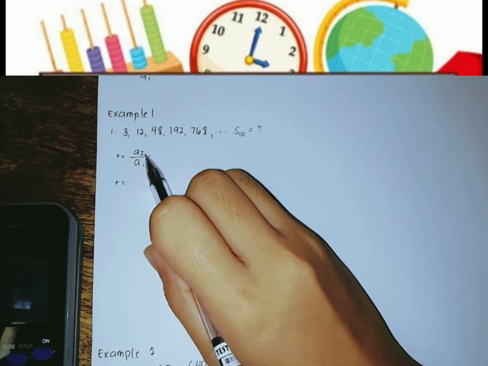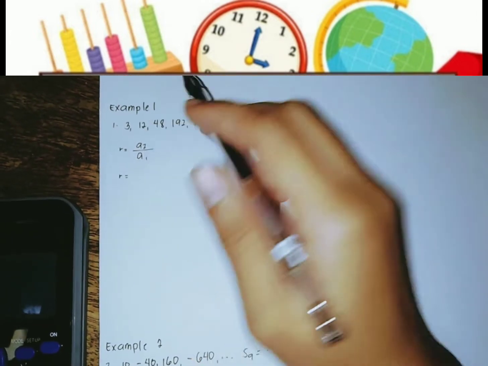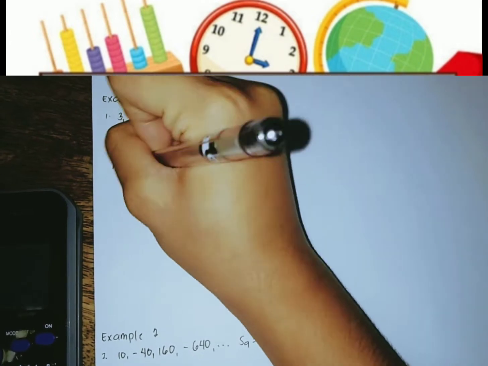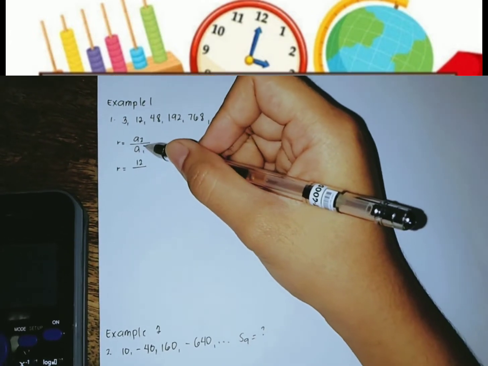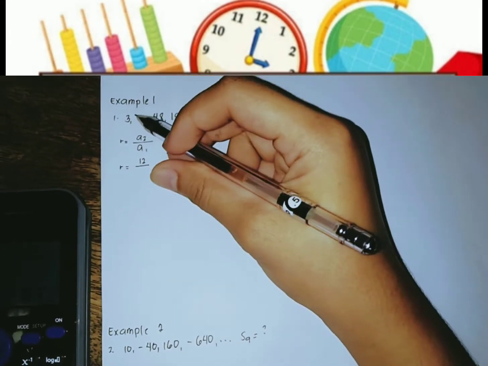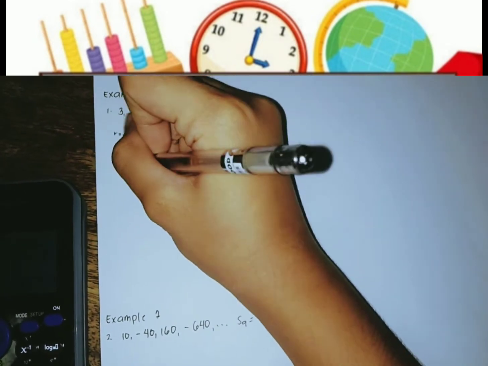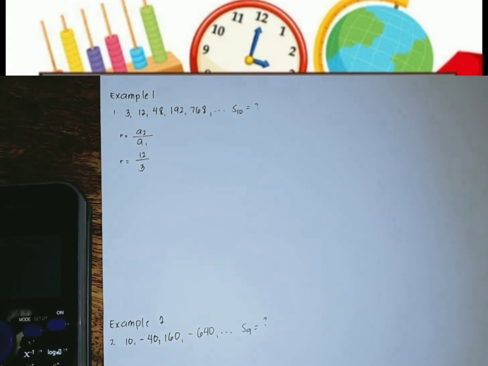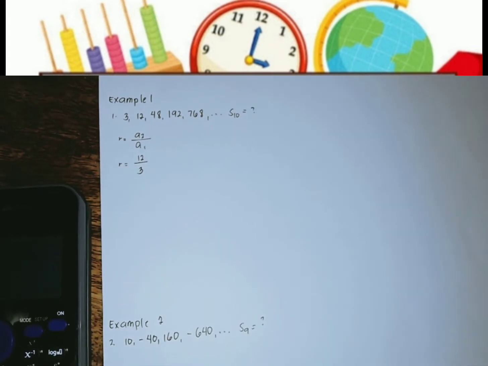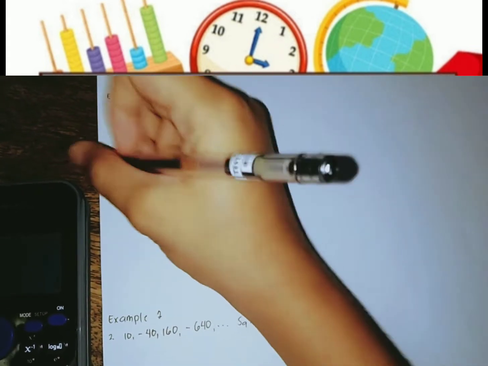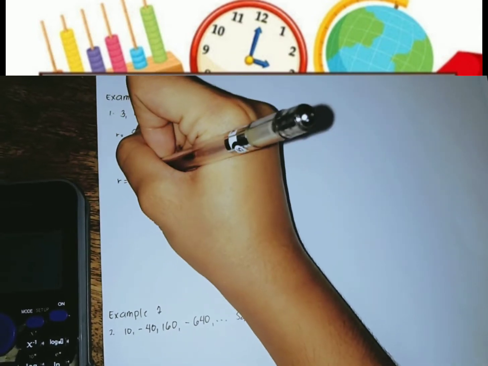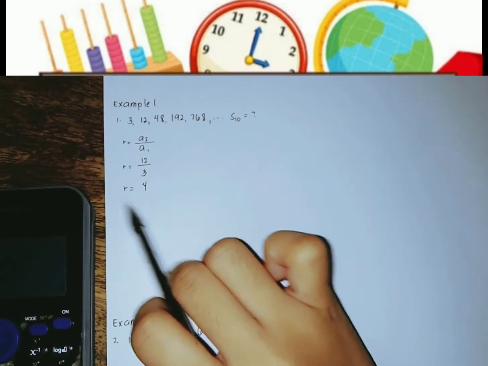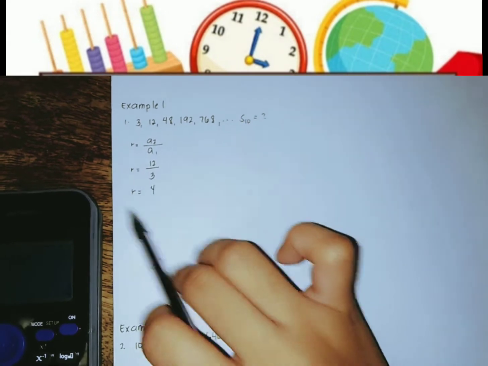Our a sub 2, or second term, is 12. Our a sub 1, or first term, is 3. So 12 divided by 3 is equal to 4. So 4 is our ratio.